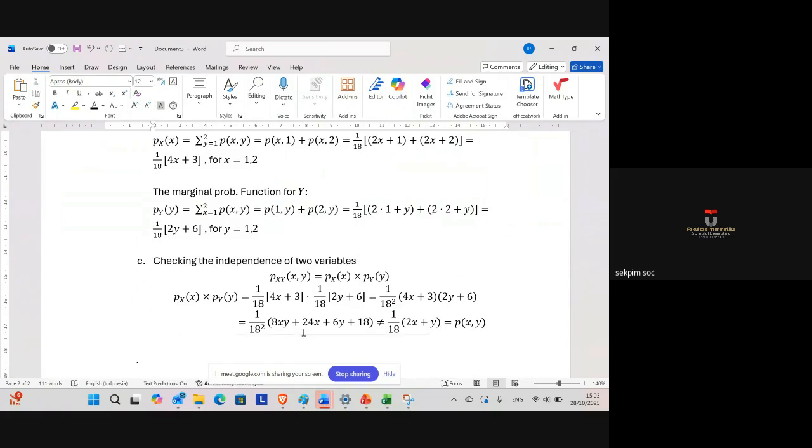So this is the conclusion: since the multiplication of each marginal function is not the joint probability function, then x and y are not independent, or are dependent.